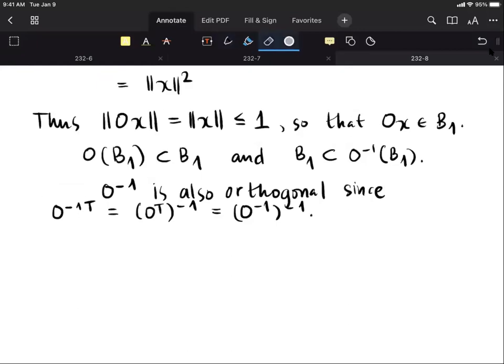Therefore, if we replace O here by O inverse, we have the following inclusion as well.